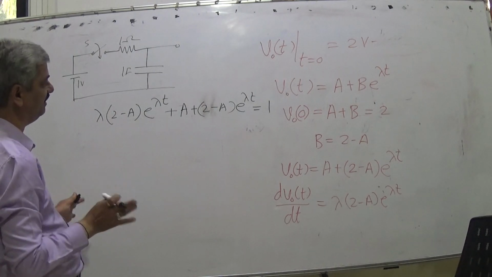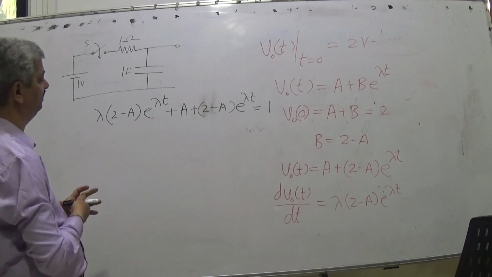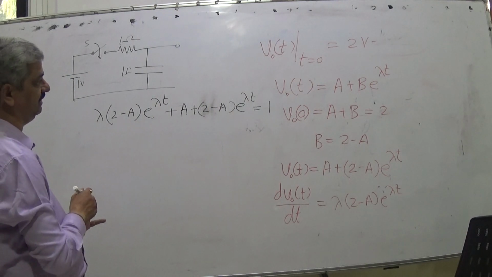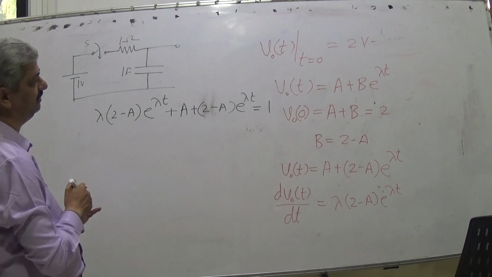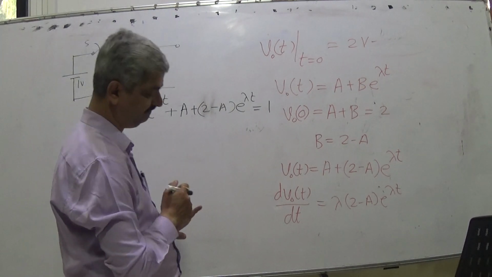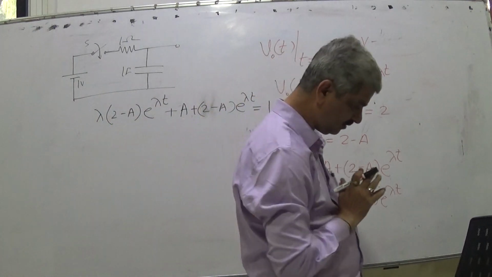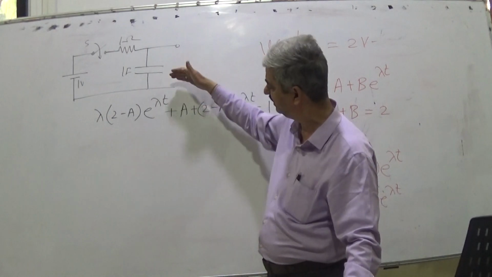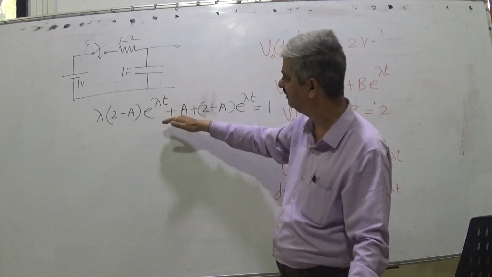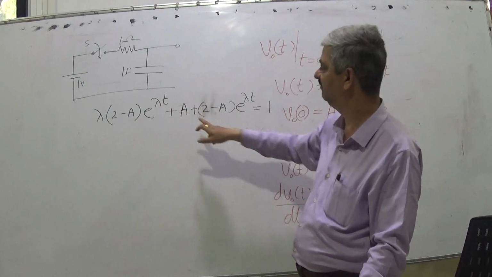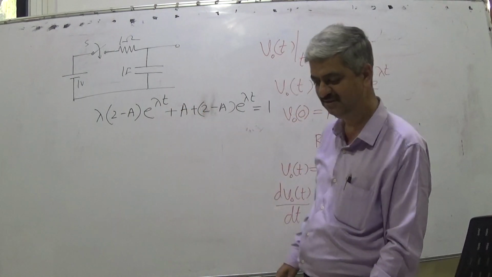Now, one thing is very simple: the differential equation we get leads to an equation where I have one exponential term and a few non-exponential terms.